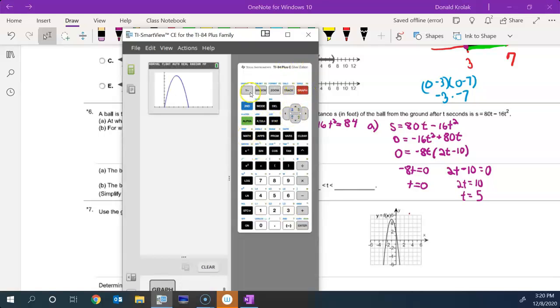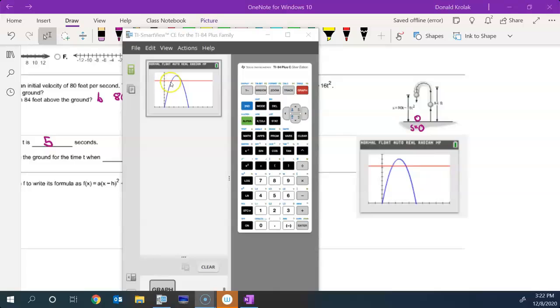Now what I'm going to do is graph a line at 84 feet. So I'm going to draw a horizontal line at 84. And there's my drawing of that line and the parabola, and that's going to give me the time at which it hits 84 feet.